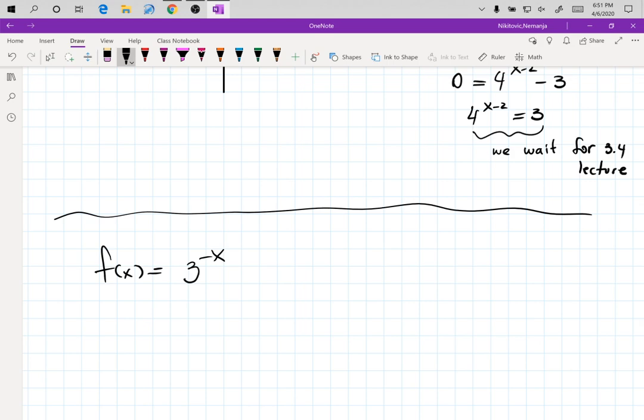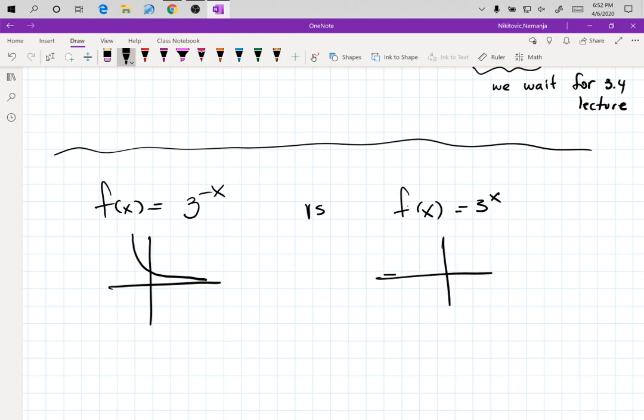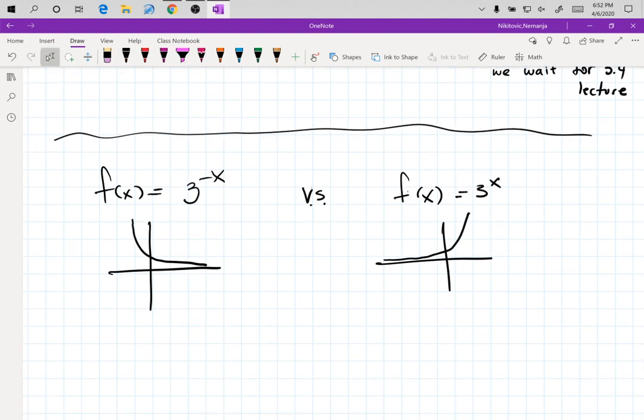Yeah, but it's also a reflection of the previous one on the y-axis, which is what we learned in 1.6. So if I look at this one, it's exponential decay. If I look at this one, it's exponential growth. What is different between the two? It's reflected on the y-axis.